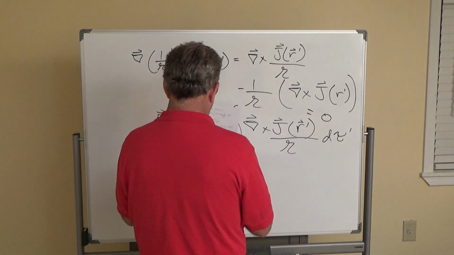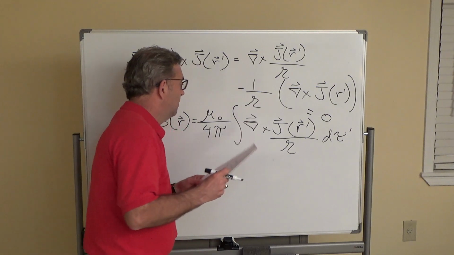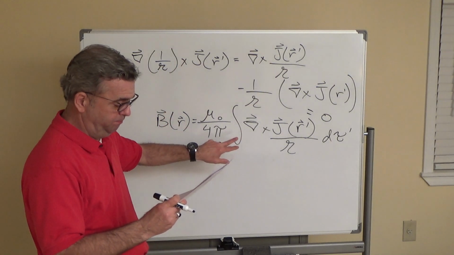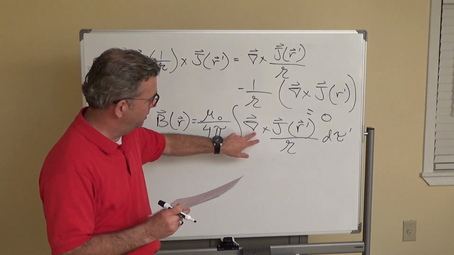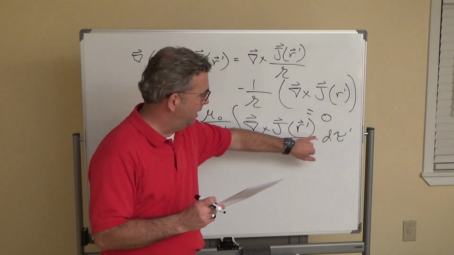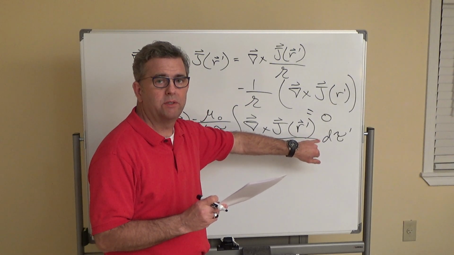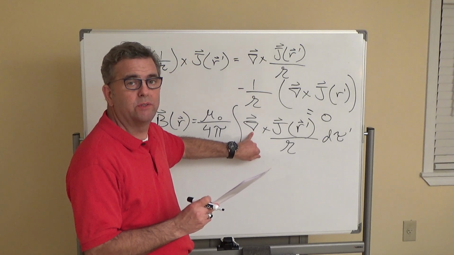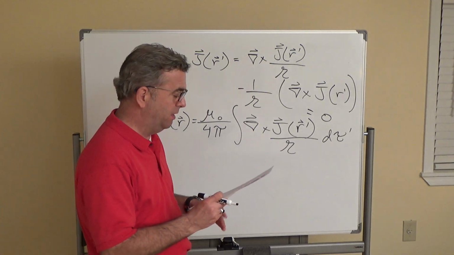So in this case, I'm going to pull this cross product out of the integral because we're integrating over the primed coordinates. This does not depend on the primed coordinates, so I can pull this out of the integral.